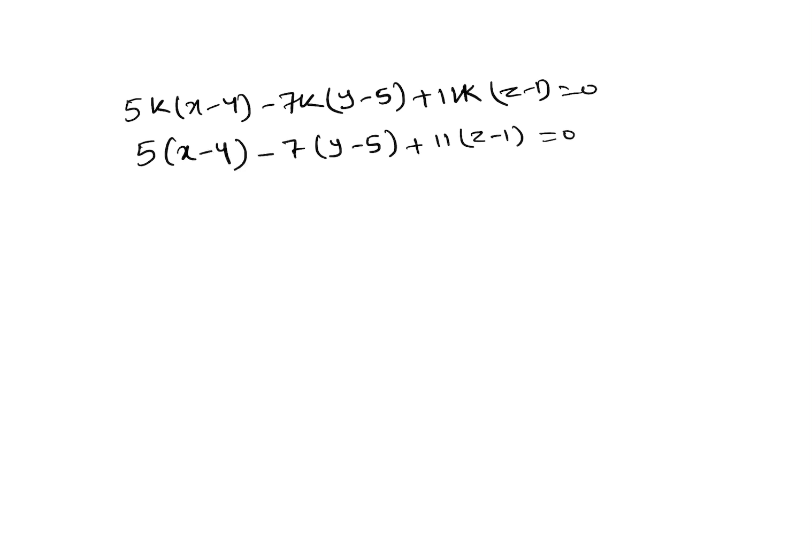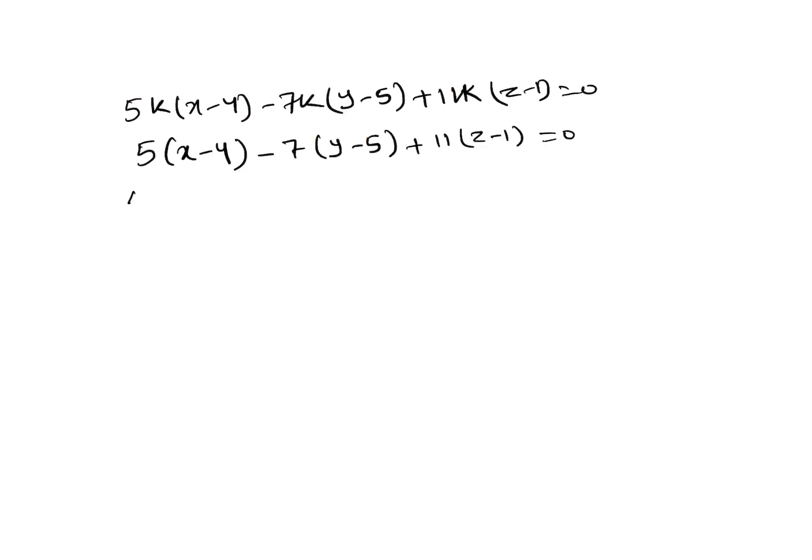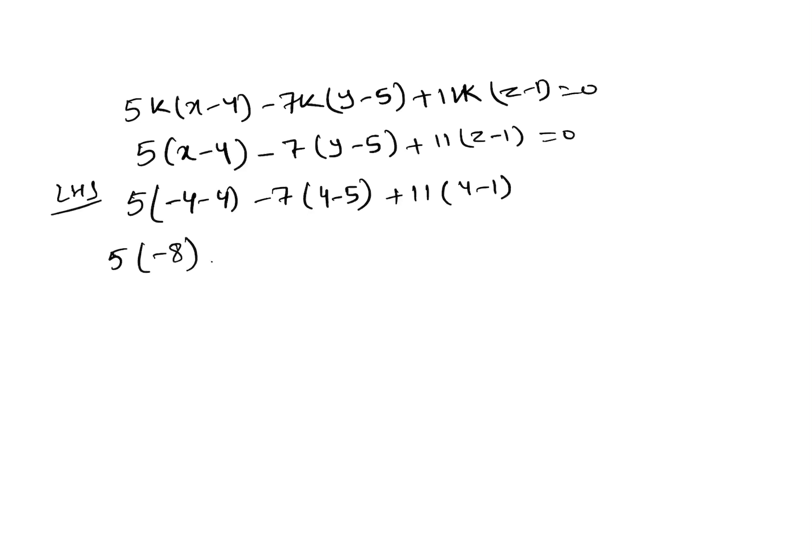Now put the coordinates of point D, which are -4, 4 and 4. So this is 5(-4 - 4) - 7(4 - 5) + 11(4 - 1). This is the LHS. It becomes -40 + 7 + 33, which is 0.